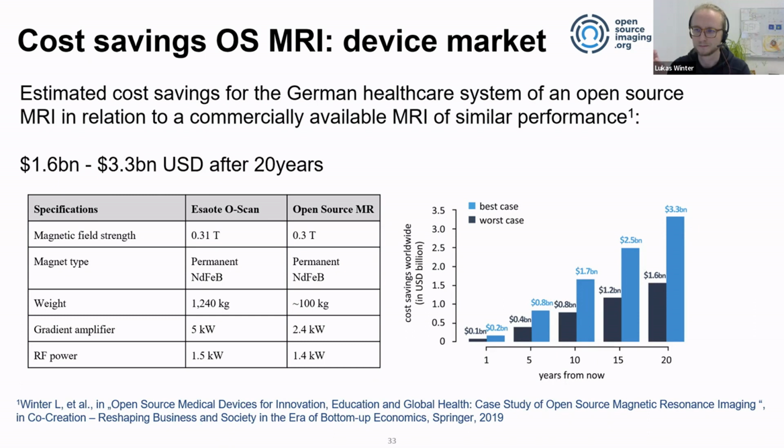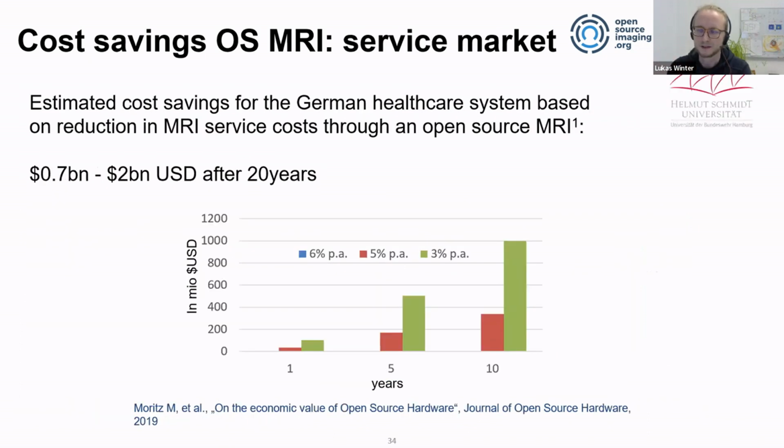So there's some opportunity. And the same goes not only for the device market, but also the service market: if you have the knowledge about the system, then you can do in-house maintenance, or there's more competition around the maintenance contract, because the risks are well understood.